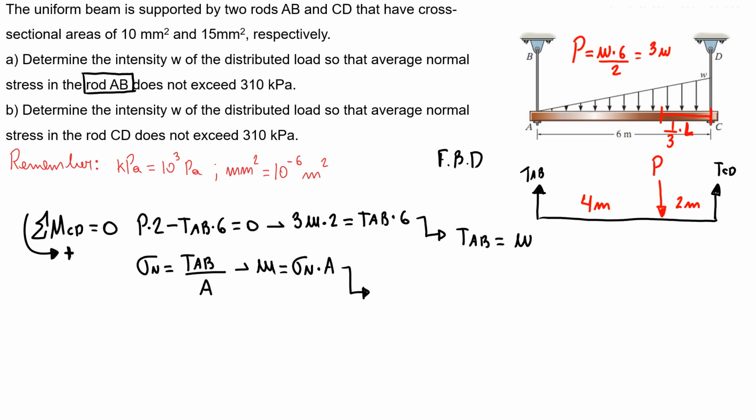So omega will be the stress, that's 310 times 10 to the third, because it's kilopascals, times 10 times 10 to the negative 6, because I'm converting to square meters. So I have 310 times 10 to the negative 2, so my omega equals 3.10 newtons per meter.